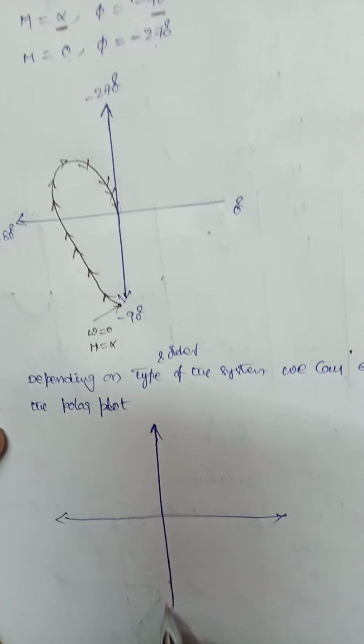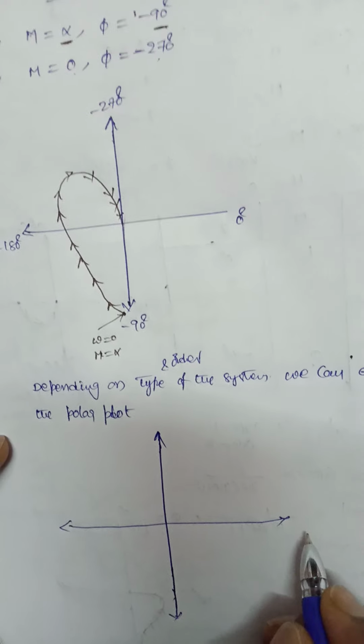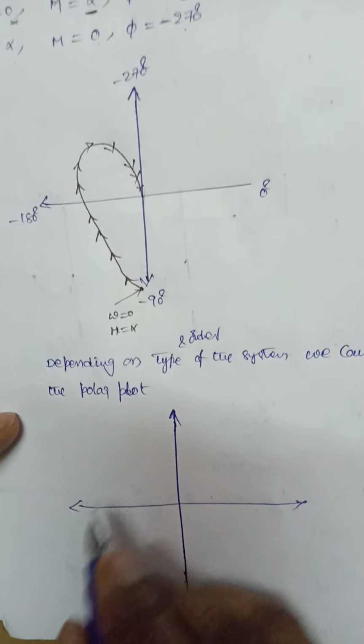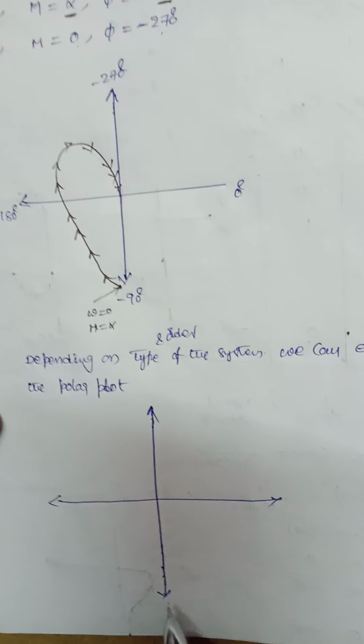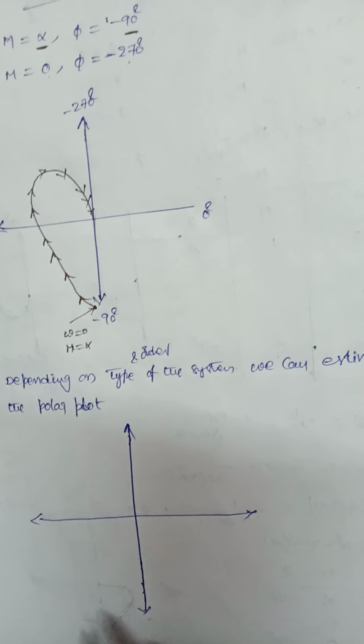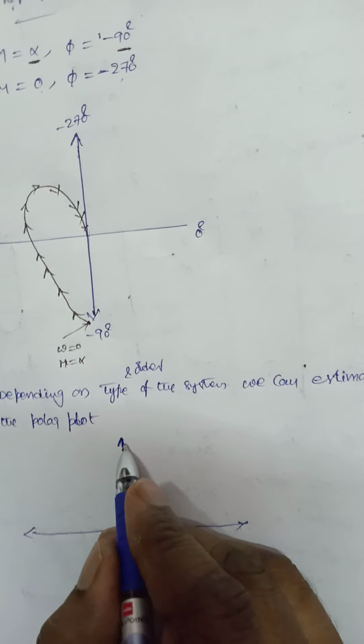Suppose it is a polar graph with 0 degrees, 90 degrees, 180 degrees, plus 270 degrees, or 0 degrees, minus 90, minus 180, minus 270 degrees.